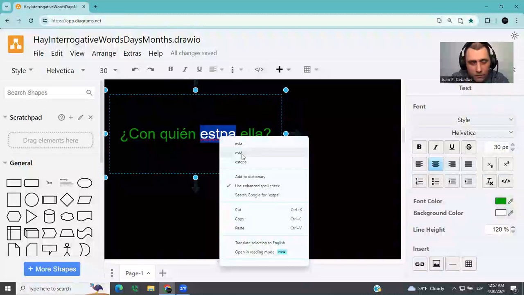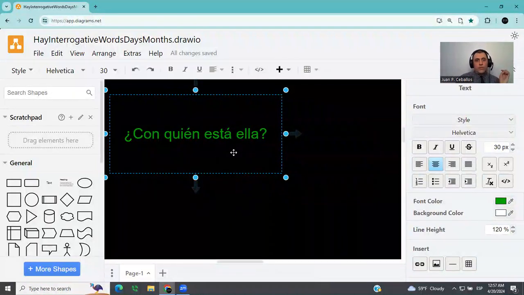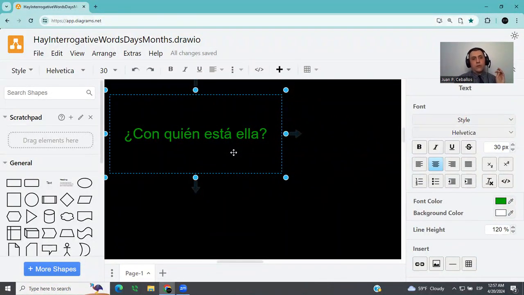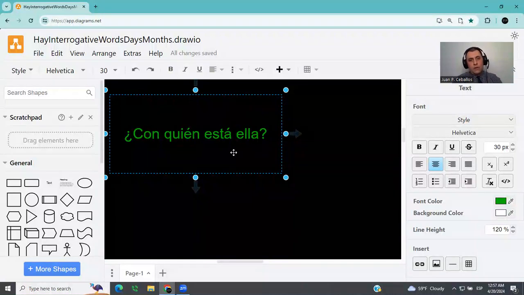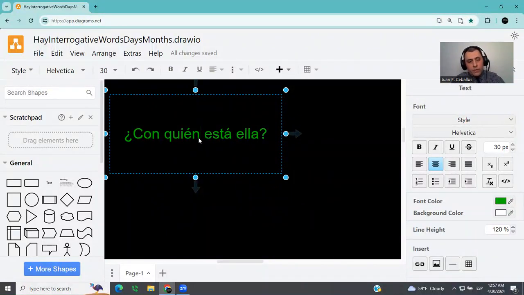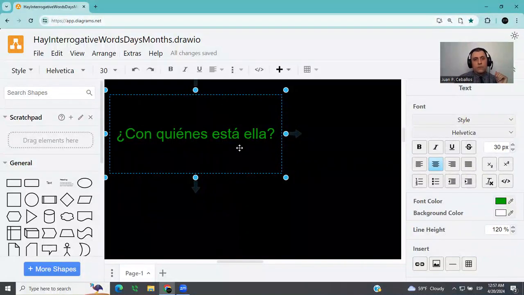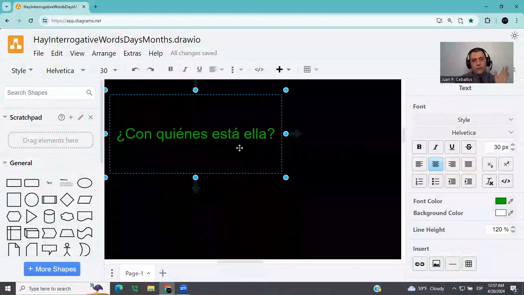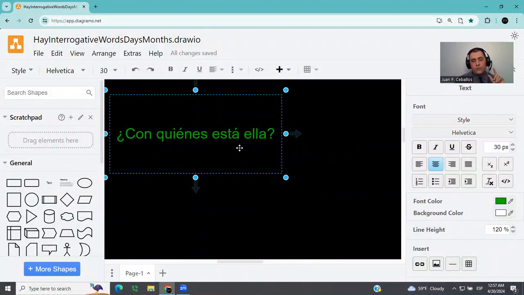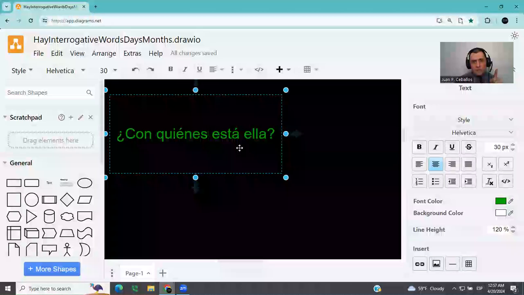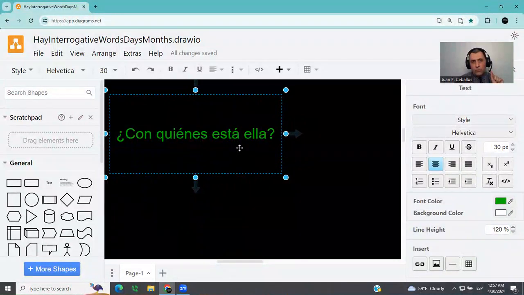Remember, I'm asking about location here. So that's why I'm using estar. With whom is she? Now I can make it plural. It will be con quiénes está ella, which is the same in English. With whom is she? But in Spanish, you have to emphasize, in this case, if it is plural or singular.